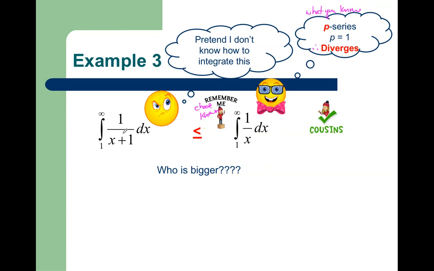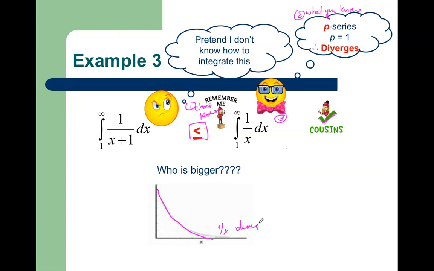Just like before, my denominator is bigger, so my overall ratio will be smaller. So 1 over x lies on top. So I did 1, 2, 3: verified cousins and position. Here is my known, 1 over x.